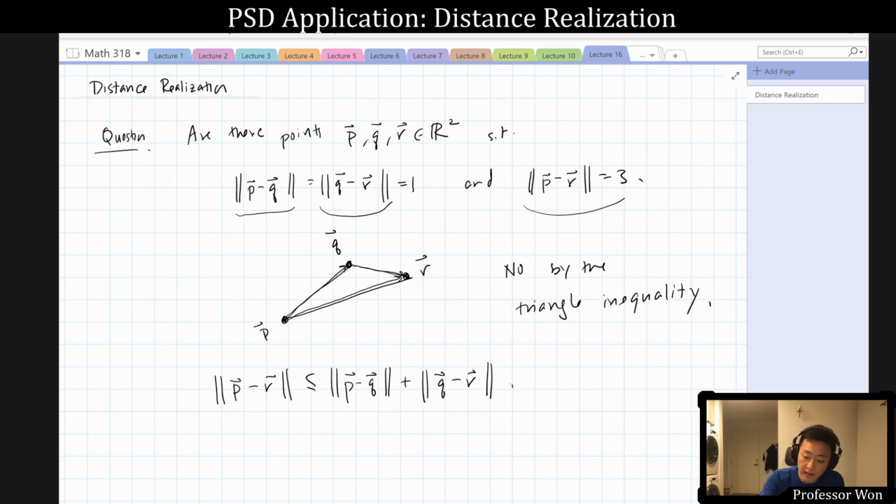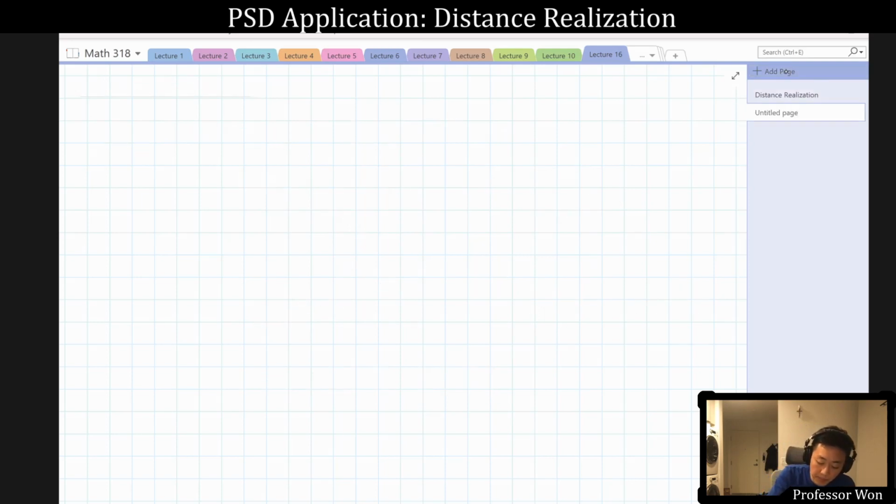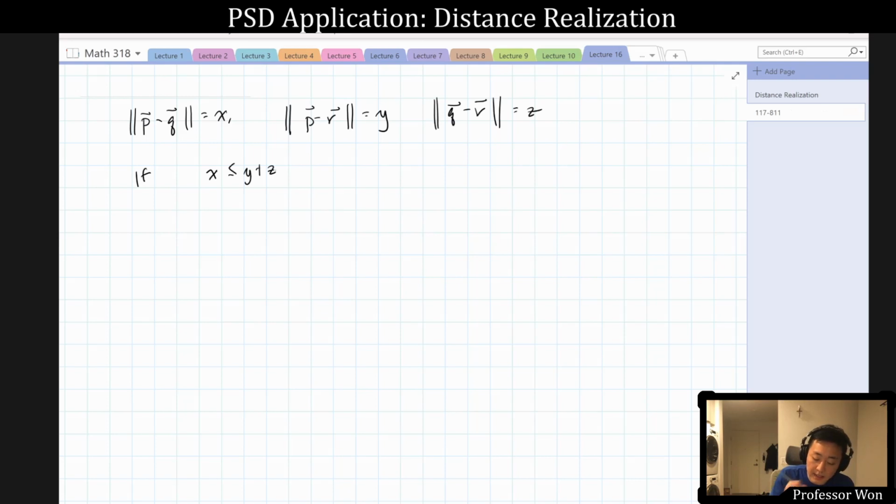So let's call the distance from P to Q X, the distance from P to R Y, and the distance from Q to R Z. Then X needs to be less than or equal to Y plus Z, right? Y needs to be less than or equal to X plus Z, and Z needs to be less than or equal to X plus Y. But if these three things are all true, then there exist points with these distances.